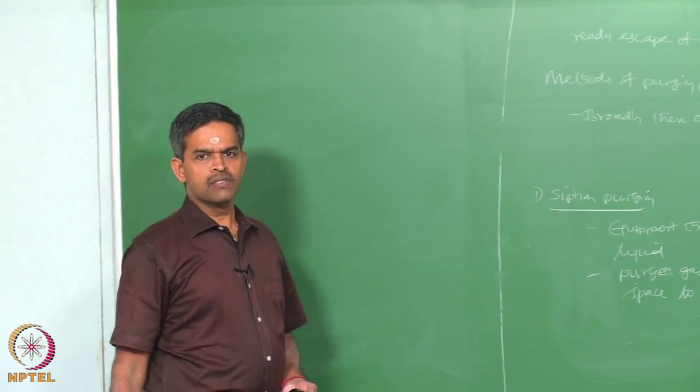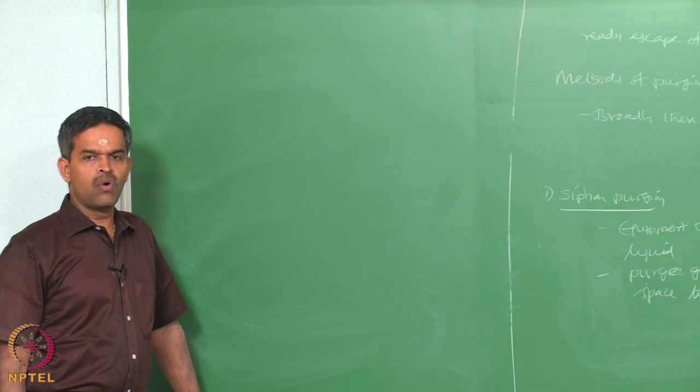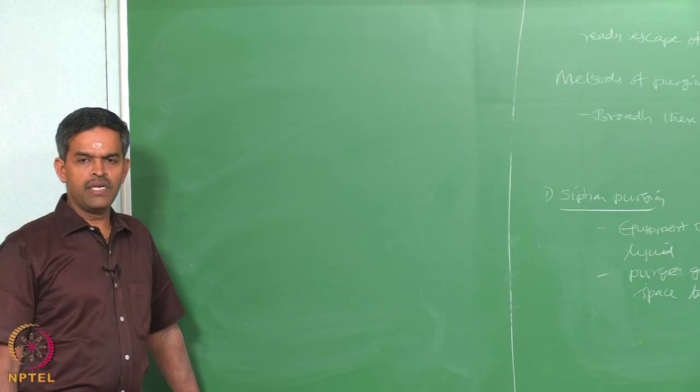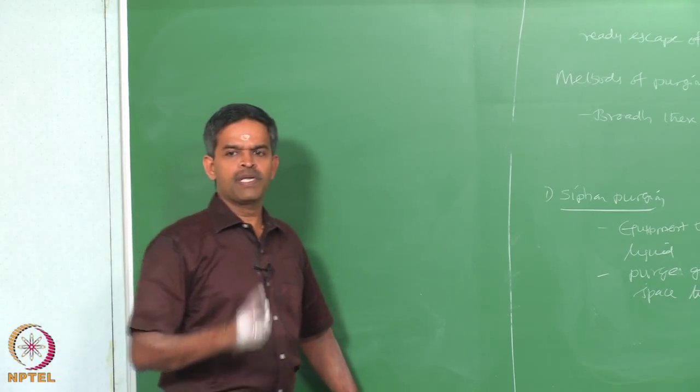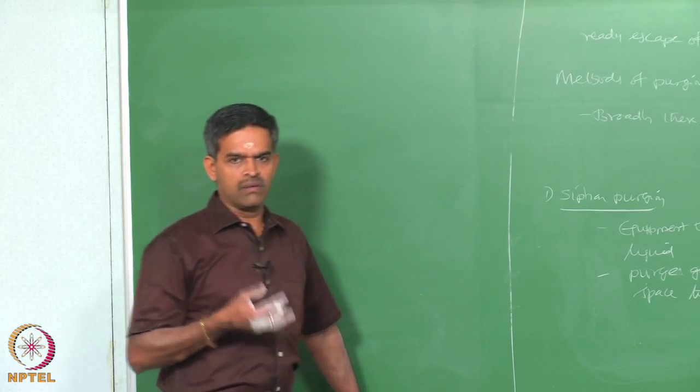If the initial pressure is not low enough to ensure desired low oxygen concentration, then it is necessary to re-evacuate and repeat the process. That is why in case of vacuum purging you need to do more cycles.